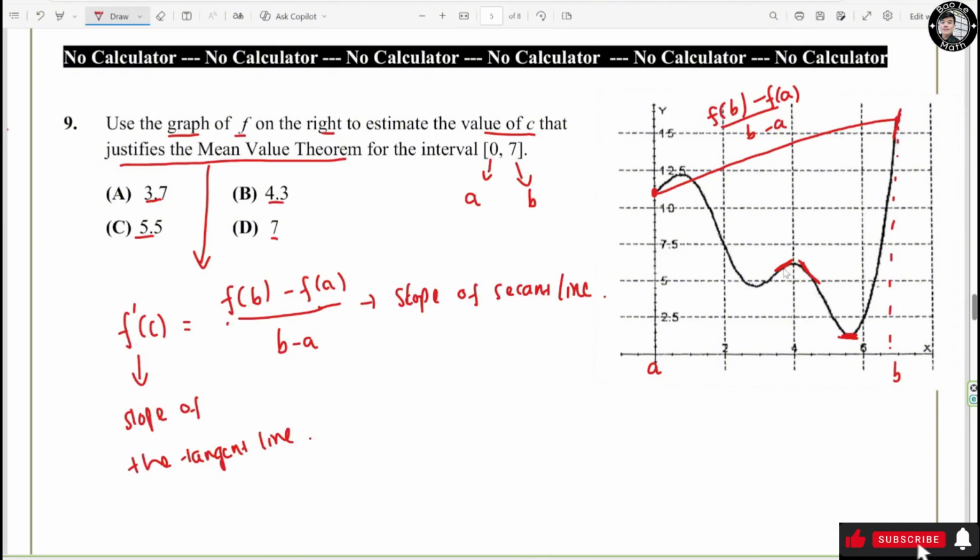Among these four values, only one gives two parallel lines. So the value right here should be 3.7. So the answer must be A.